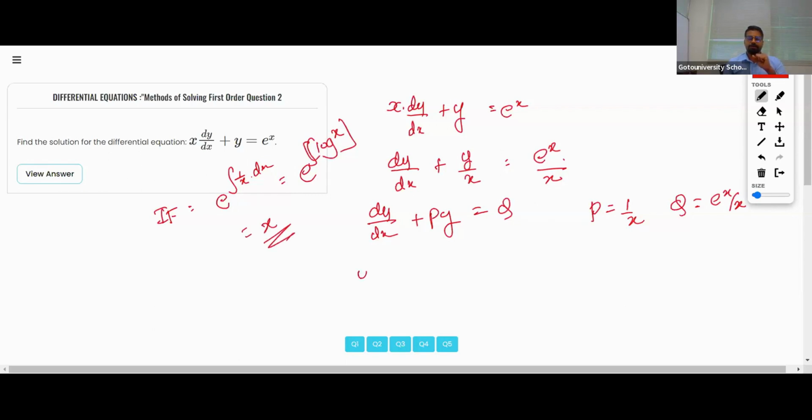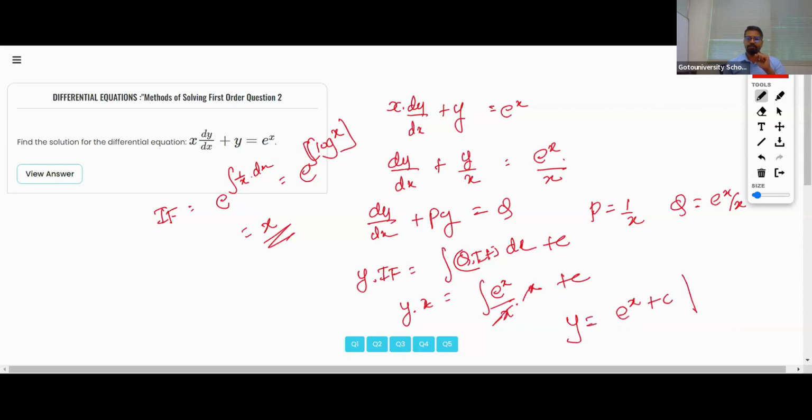So our answer will be y into the integrating factor is equal to the integral of q into integrating factor into dx plus a constant. So y into x is equal to the integral of q, e power x by x, into x, plus c. So this will anyway cancel, and we end up with y is equal to e power x plus c.